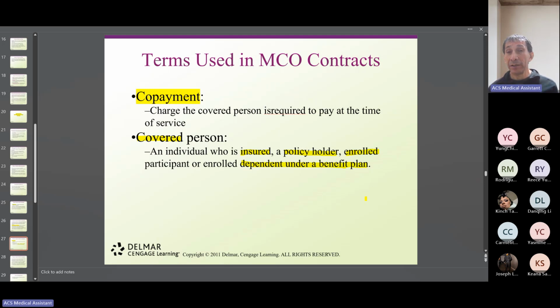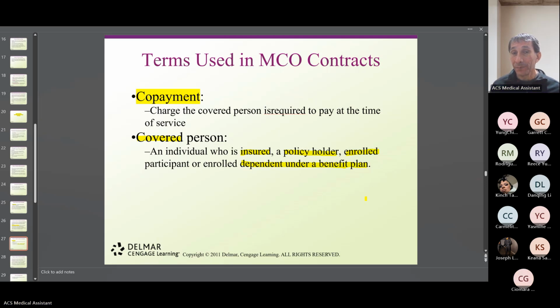So if you are a dependent, when you fill out this claim form, both names need to be there. Who is receiving the services? Who's the patient? Because the patient is not always the policy holder. It might be the dependent that is there. So for that reason, we have to mention both.